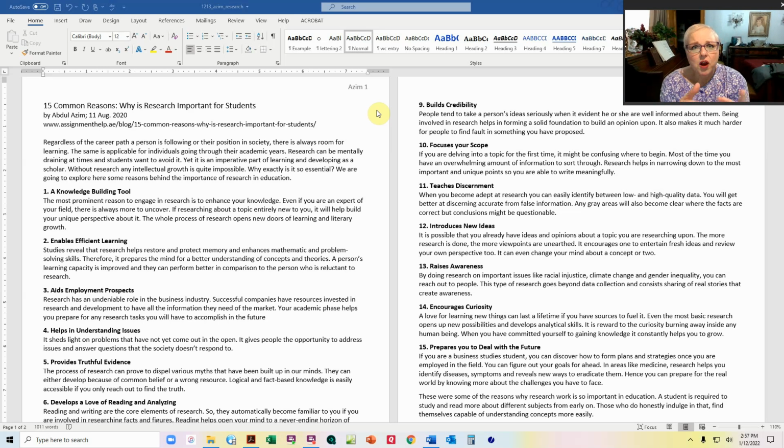And if we started right off, you would be confused. You would be lost because you don't have any foundation. So I think enabling efficient learning means that the more I know, the better I'll be able to make connections. I'll be able to synthesize and evaluate and maybe even project into the future what I think might happen. It aids employment prospects.